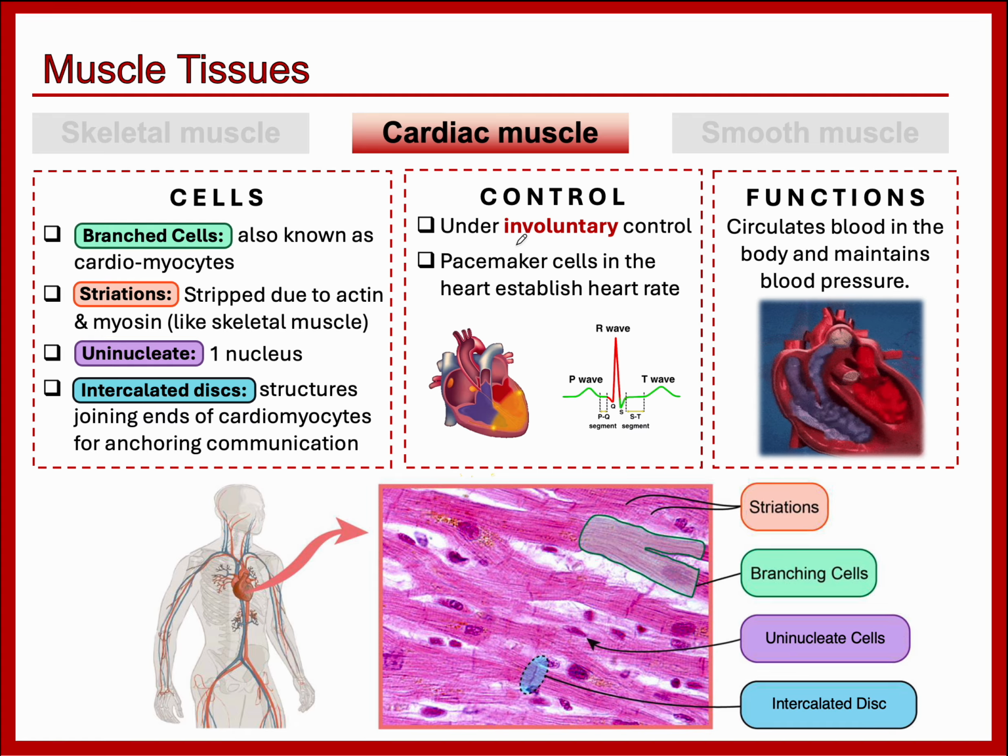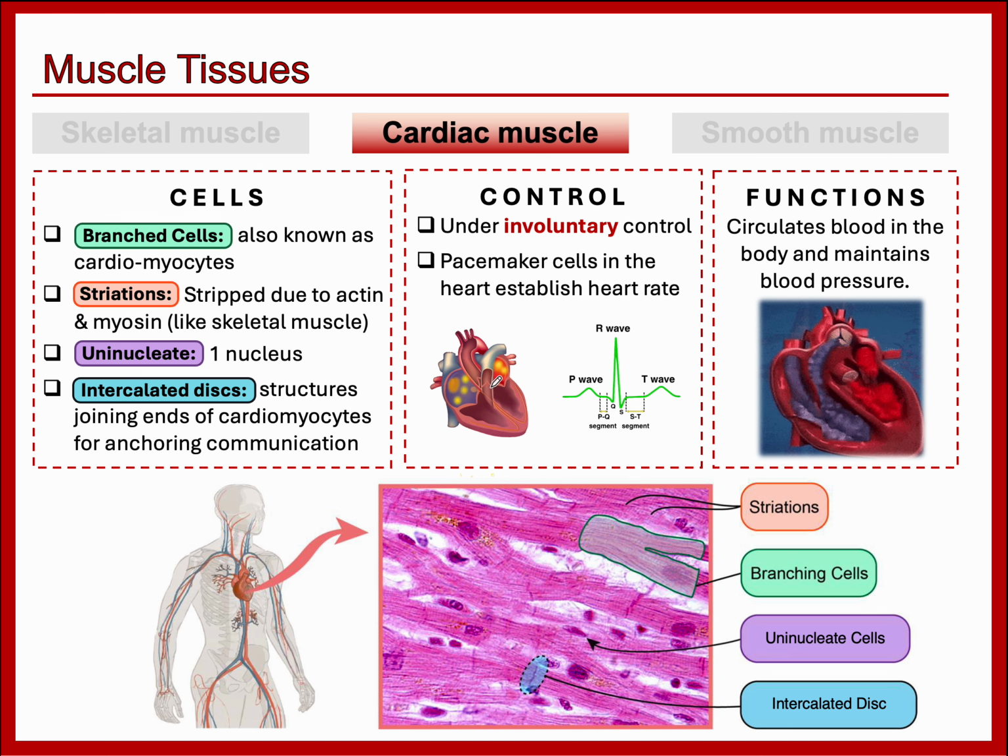The control of the heart is involuntary. If I ask you right now to go and contract your right ventricle, are you able to contract your heart by just thinking about it? Or are you able to stop contracting your heart? No. That means it's involuntary. And actually, pacemaker cells in the heart modulate the heartbeat, right?